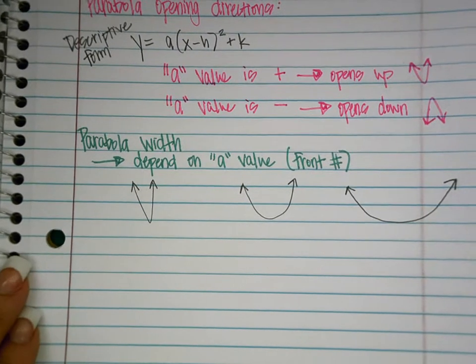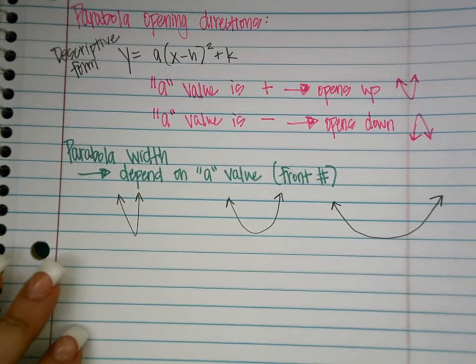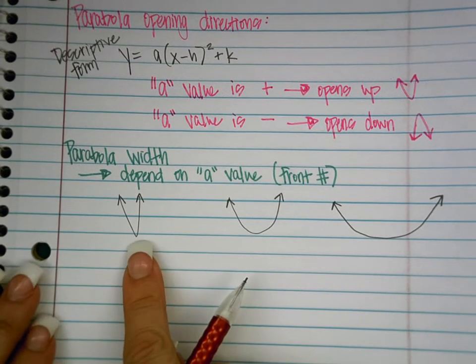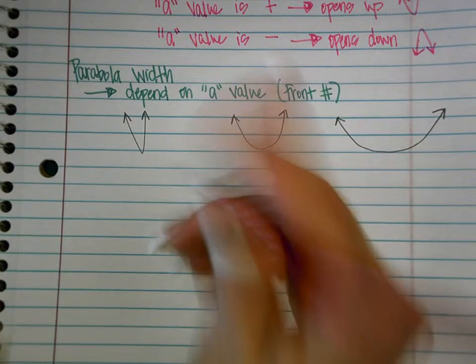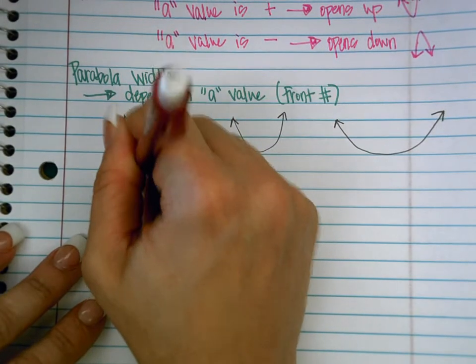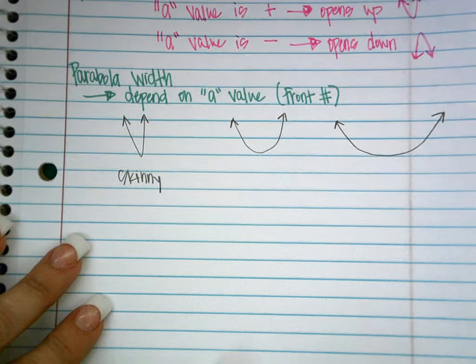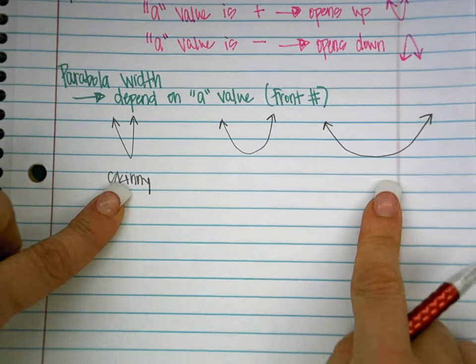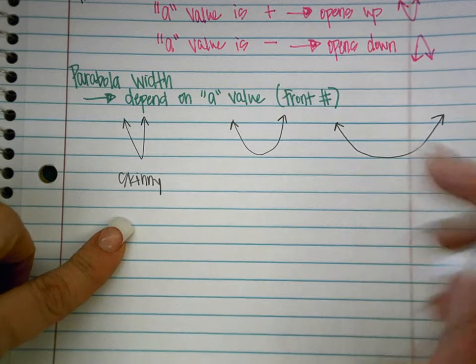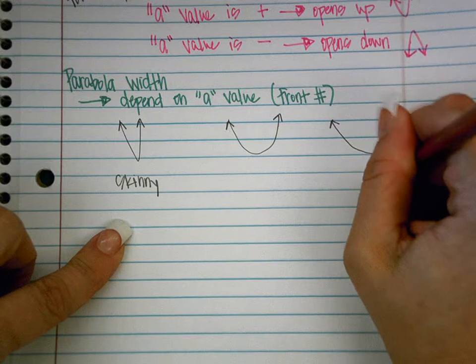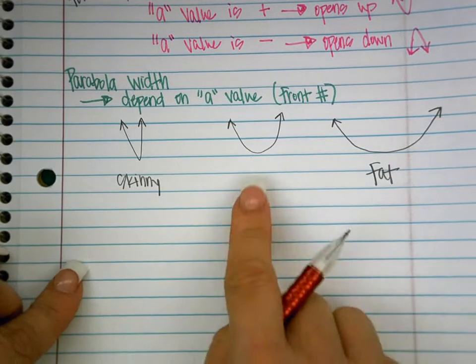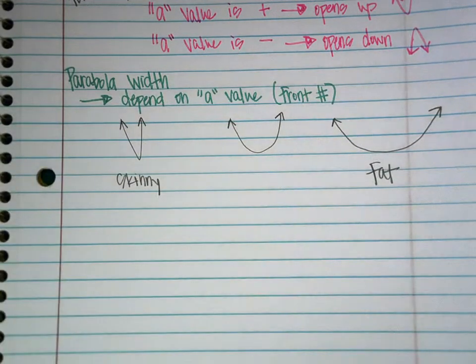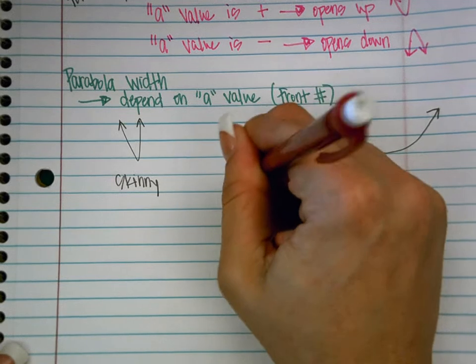So, if you were to describe this kind of parabola, that's a skinny parabola. It's not incredibly mathematically correct. So if that's skinny, what's this one? This one's fat. You could say fat or you could say wide.